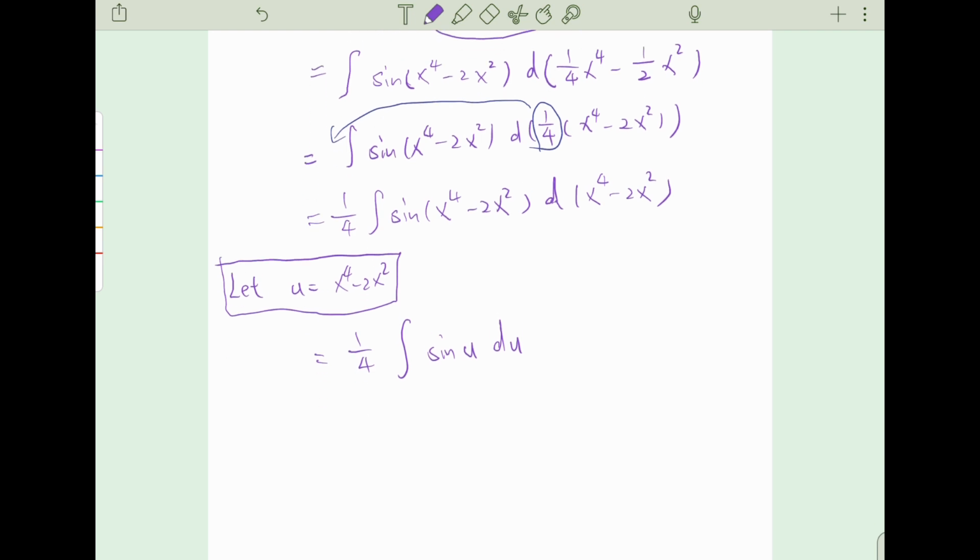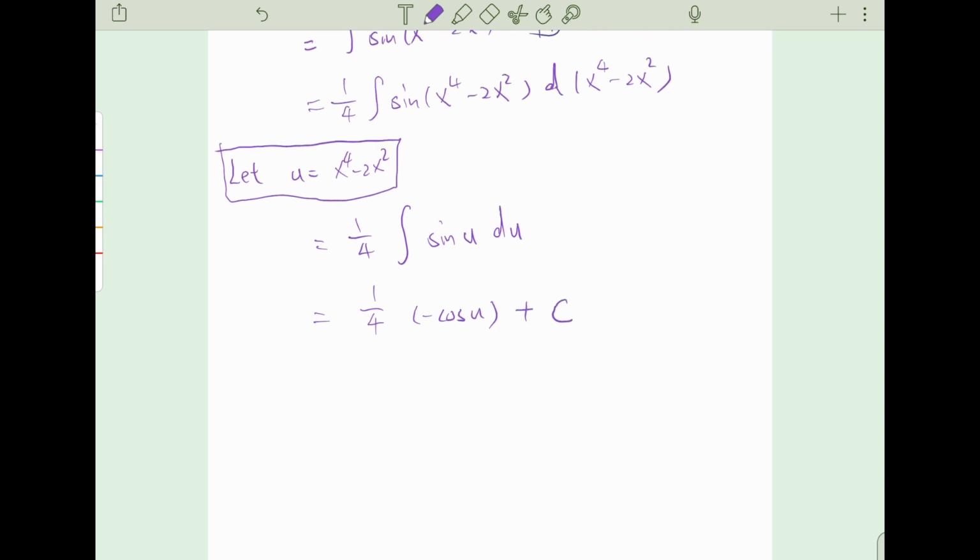And now we can just look up the formula. It's easy to figure out. This is negative cos u, right, plus c, okay? And I also need to substitute the expression u back into here. So it's going to be negative 1 over 4 cos of this x to the 4 minus 2x squared plus c.